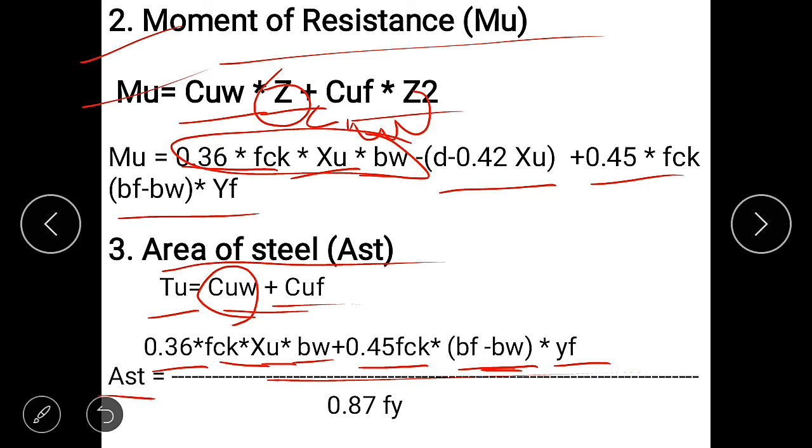After that you can easily calculate Xu, Mu and AST. So in every problem, firstly we have to find whether the neutral axis lies in the web or the flange, and then we can easily solve the problem.